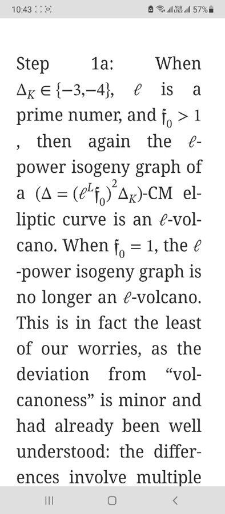When delta K belongs to -3 or -4, and L is a prime number, and f0 is bigger than 1, then again the L power isogeny graph of delta equal to L to the power of L times f0 squared times delta K CM elliptic curves is an L volcano.